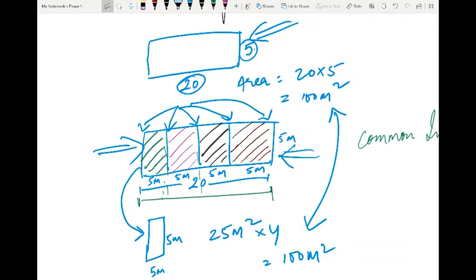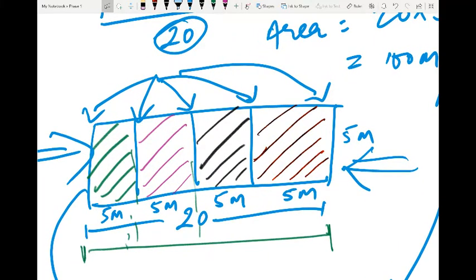Or similarly, you can break it up into 4 parts, 5 meters each, and you can find out the individual areas, say the green one, the purple one, the black one, or the red one, and then you can add them to get the total area.